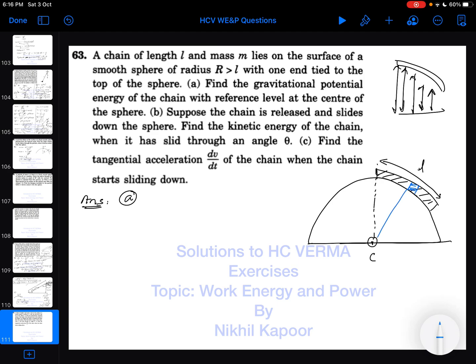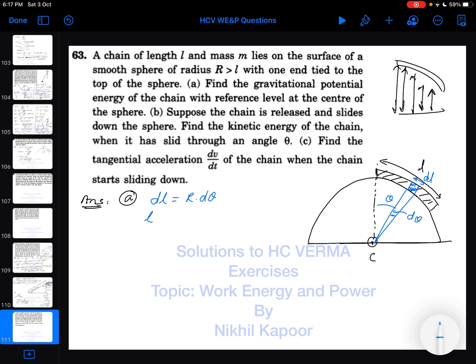which is subtending an angle, say d theta, at the center, and the position of this element from the vertical is theta. And what should be the mass of this element? Let the length of this element be dl. As we know very well, arc length is radius into d theta, so dl will be equal to r d theta.